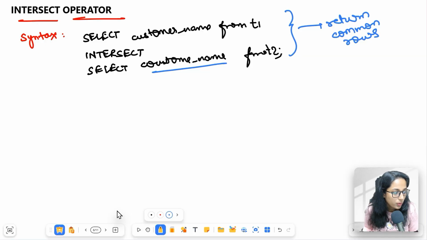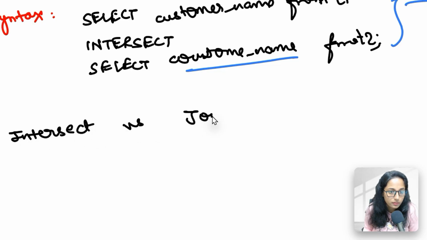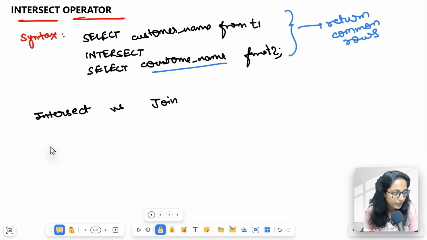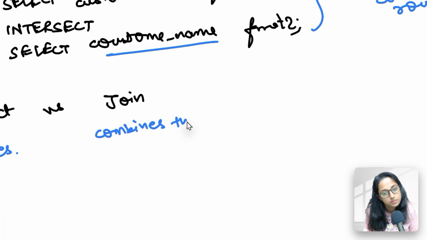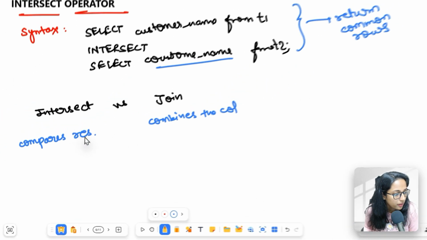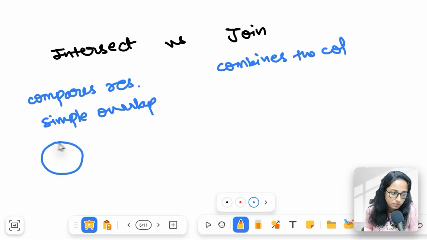Now let's see the difference between intersect and join. When I say intersect, it compares the results, whereas join combines the columns. Intersect is a simple overlap, like in a Venn diagram. This is my overlap.